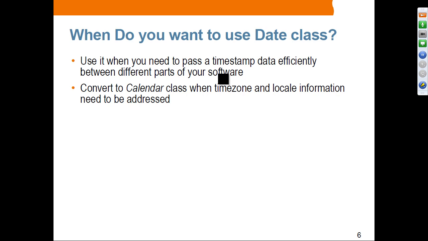If you're using a date object, that is only the size of a long, but a calendar object is huge. Later on, when you need to display time information based on the actual time zone and locale, you want to convert it into a calendar object, which, as you will see later, has information about the time zone and locale as well.